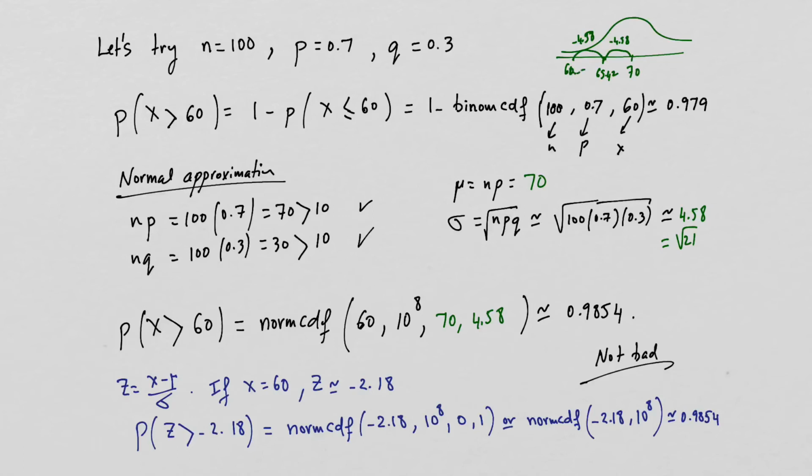And I'm asking, what's the chance that x is more than 60? Notice that 60 is approximately negative 2 z. Z equals negative 2, kind of. And that's why I got negative 2.18, okay?